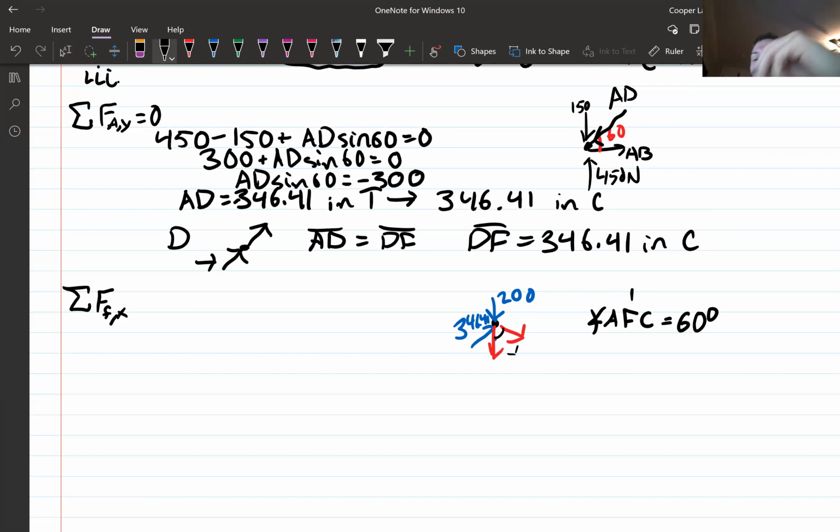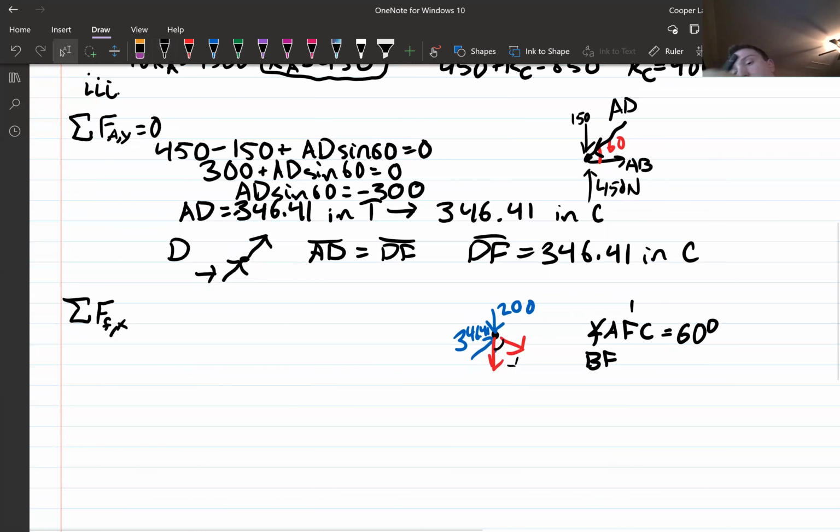Now I also know that BF is vertical and divides that angle into 2. So I can do 60 divided by 2, and that equals 30 degrees. So each of these angles here is 30. Which then allows me to start focusing on this.